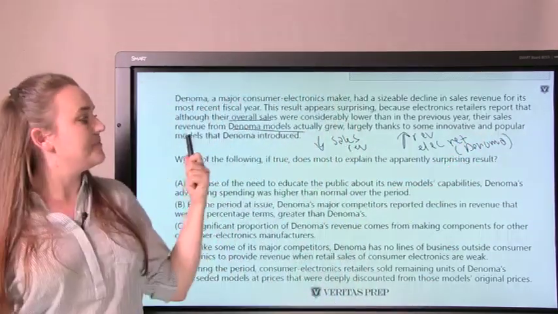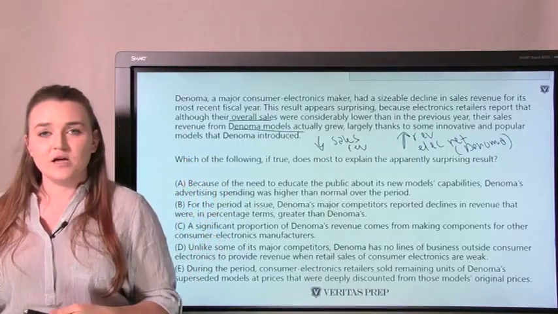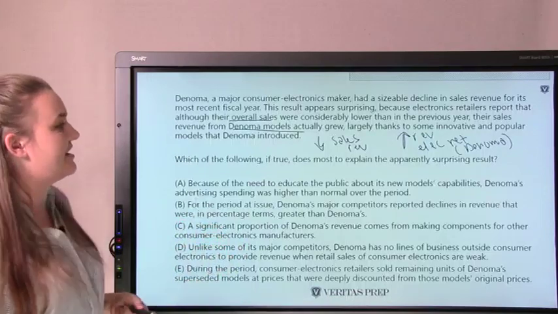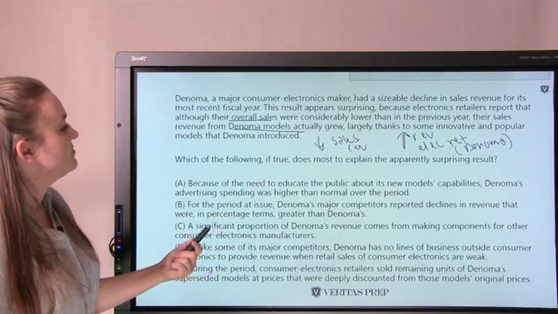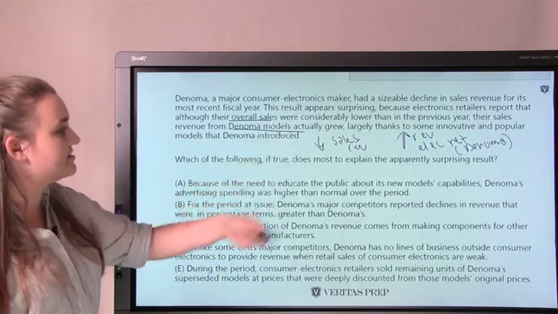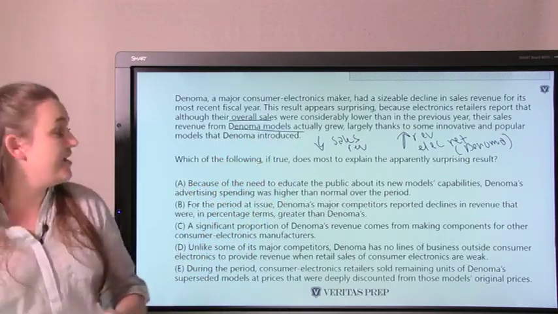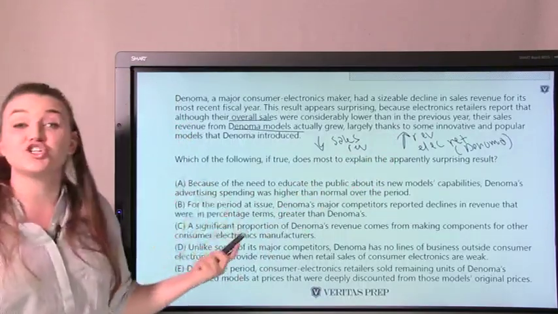If we keep these two elements in mind, and I will say this is a case where we want to consider the third element, that in general their overall sales did follow a trend of being considerably lower, but their sales of Genoma had actually shot up.